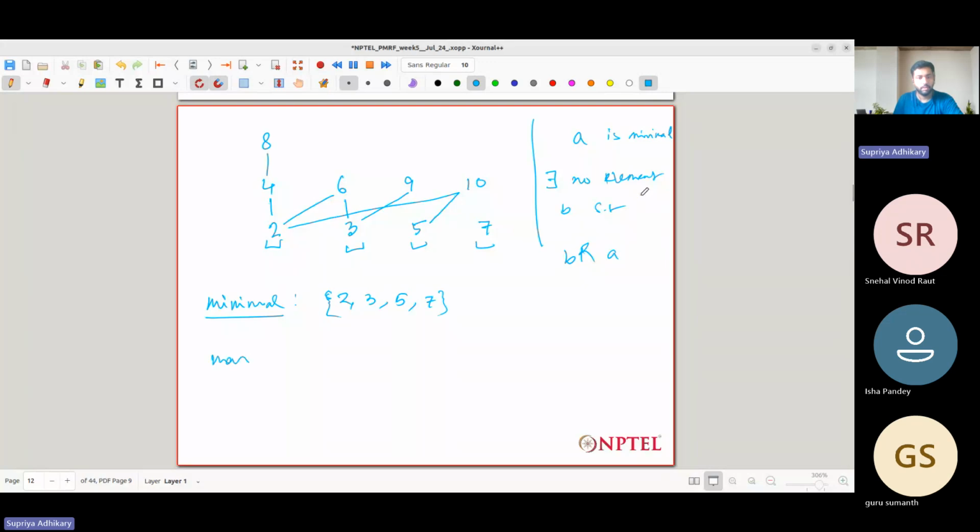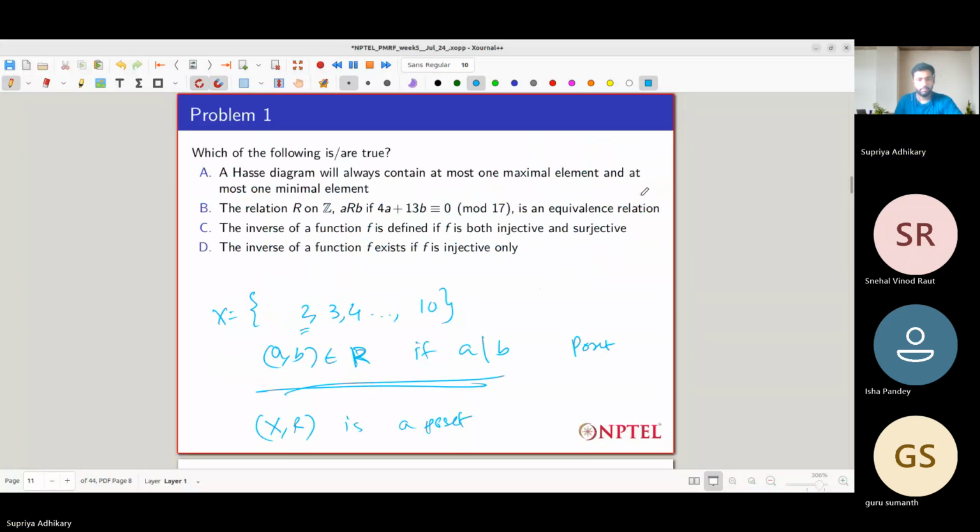And what about the maximal elements? The maximal elements are basically all those elements in this set that do not divide any other element in this set. So considering 8, 6, 9 and 10, these are the maximal elements which will not divide any other element in the set. I'm considering this relation R, which is defined over here.